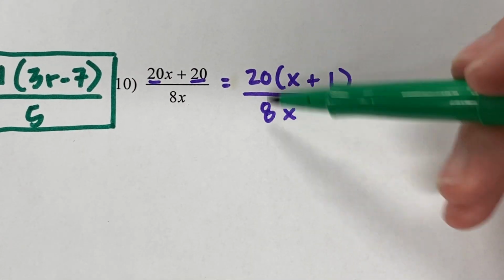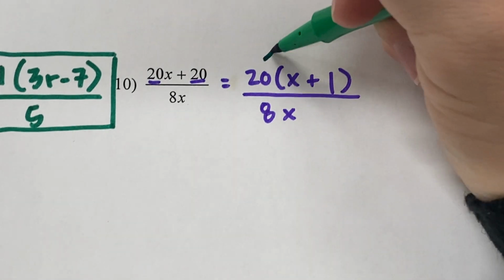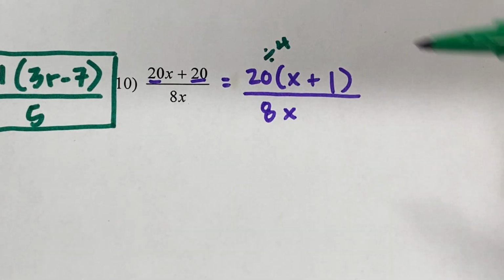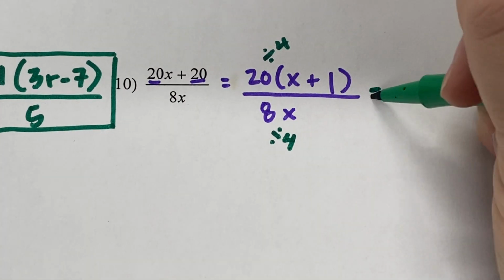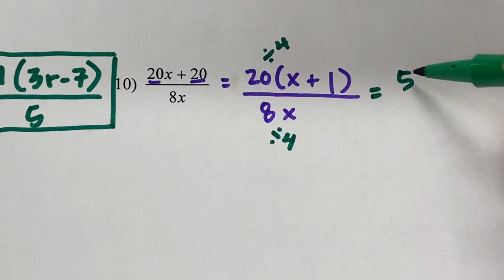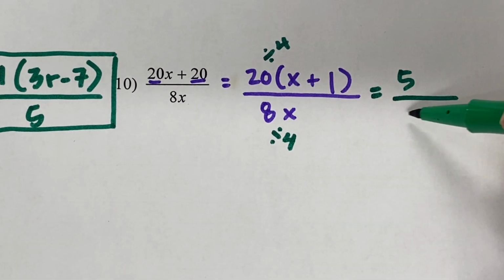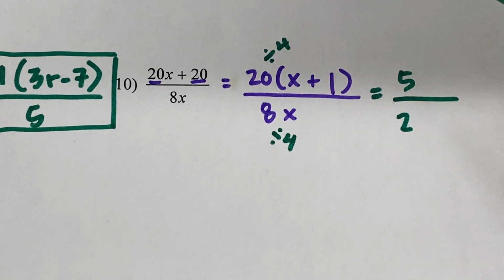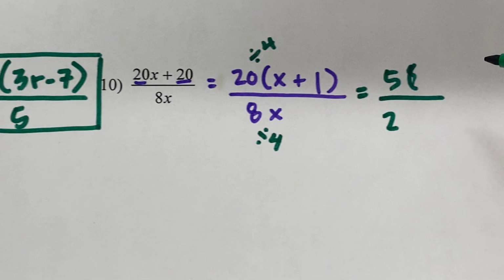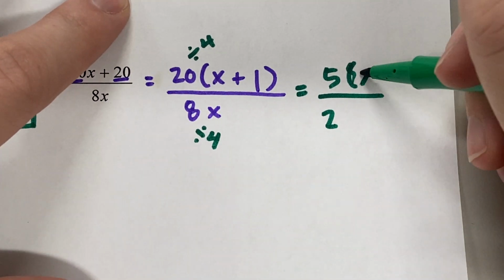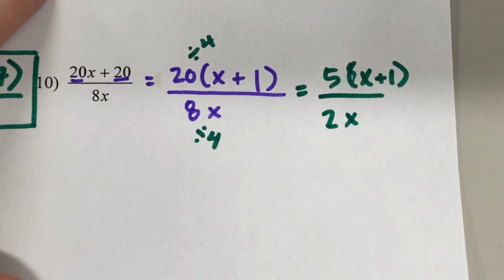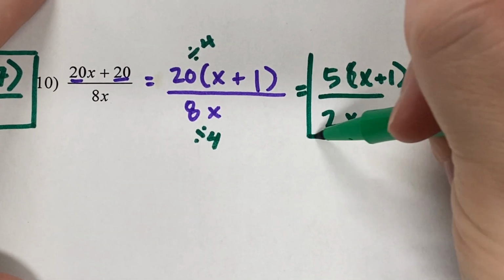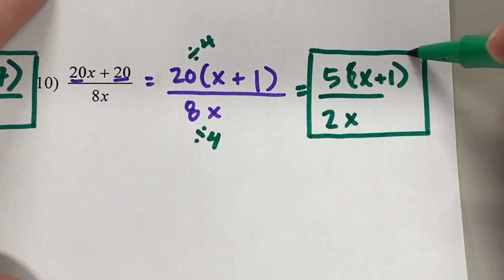Well, the biggest number I could divide both of those guys by is 4. 20 divided by 4 is 5. 8 divided by 4 is 2. On top I still have x plus 1. And on bottom I still have the x. So there's my final answer.